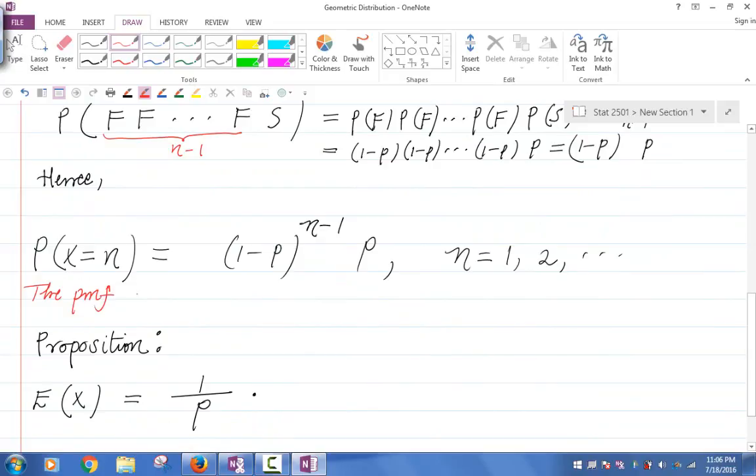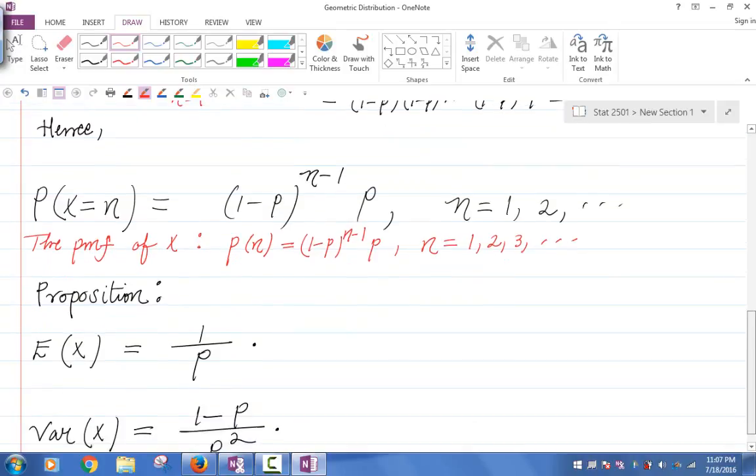The probability mass function of X is given by p of n, which is (1 minus p) to the n minus 1 times p, and n could be any positive integer.